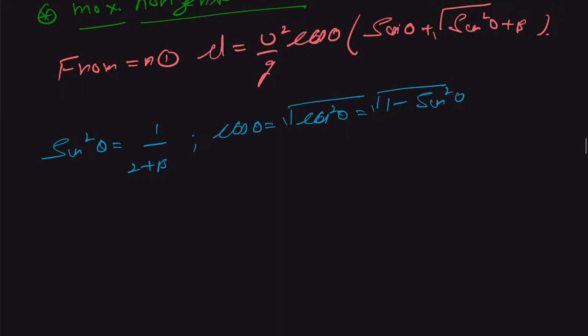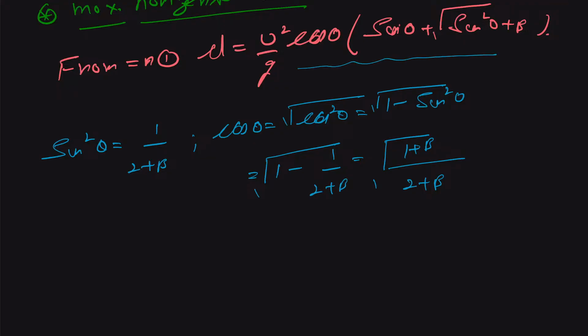And we substitute the value of this sine square, so this comes as the square root of 1 minus 1 upon 2 plus β. So this will be 2 plus β minus 1, and we get here the square root of 1 plus β over 2 plus β. And we substitute in this equation.